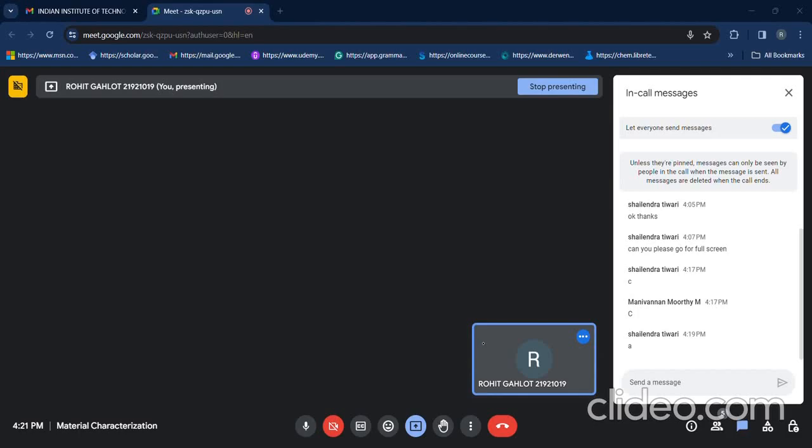Brightness is the current density times pi alpha square, where alpha is your convergence angle and J is your current density. And here D is the gun crossover diameter and I is your cathode emission current. So none of the above will be the correct answer.